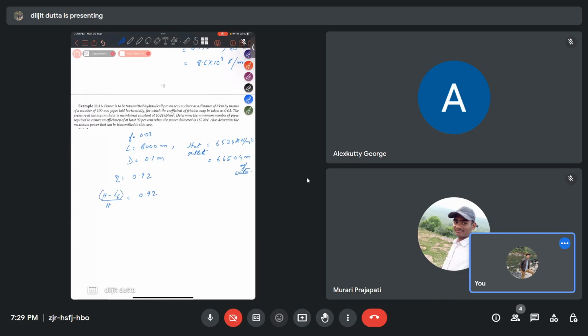If we take capital H as the inlet head, HF is the friction loss, and the inlet head minus the friction loss will give the outlet head. This is equal to 665.04 divided by H equal to 0.92. From this we get H is equal to 722.87 meters.